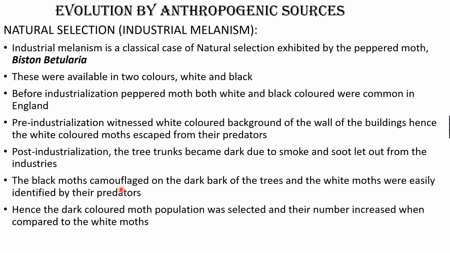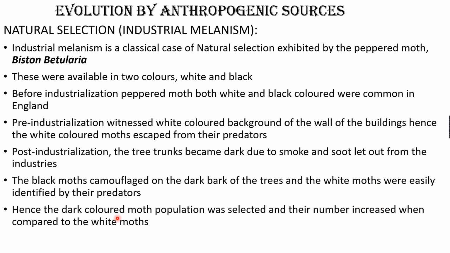What is chemophilage? Changing its body color, skin color. On the dark bark of the trees, they want to escape from the predators. So white color moths change their body color into dark color. On the dark bark of the trees, the white moths were easily identified by their predators.